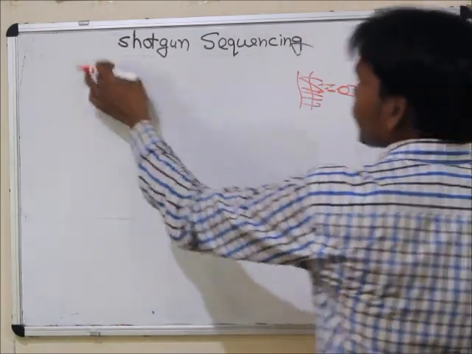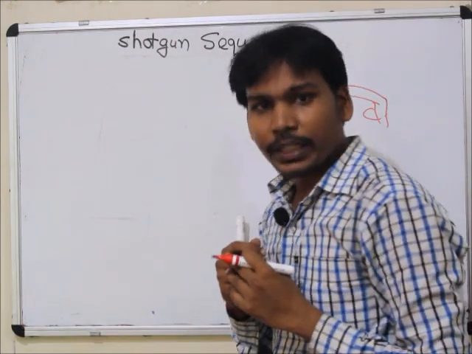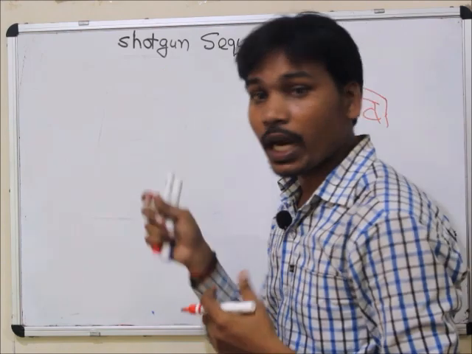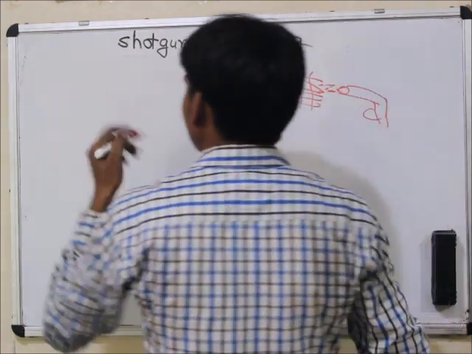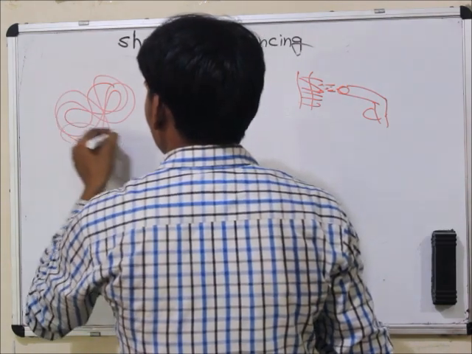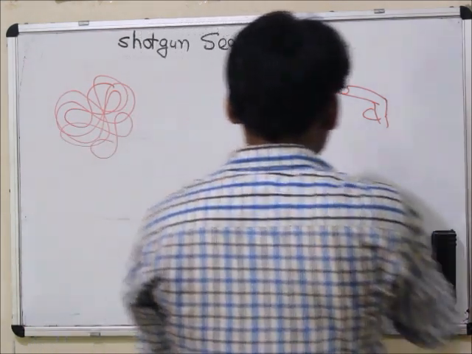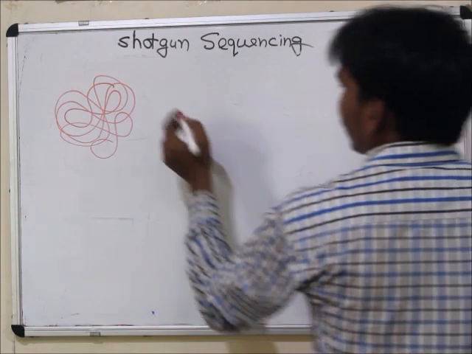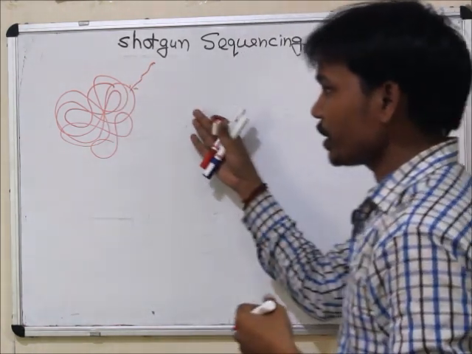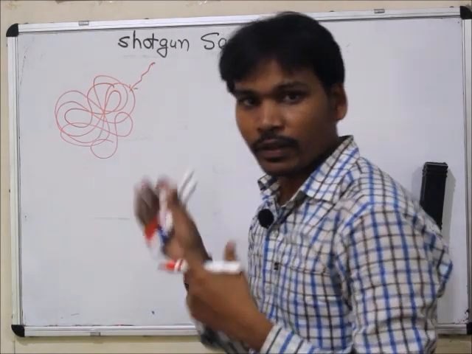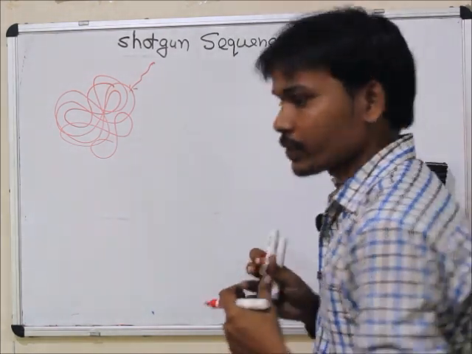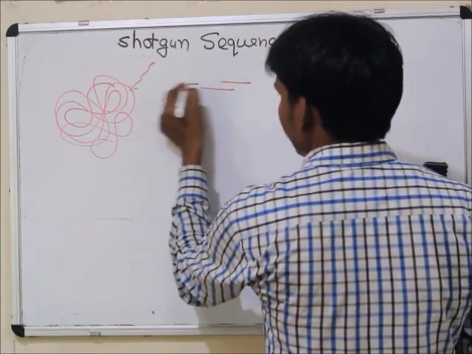Similarly, sonication or something like a gun will shoot the larger genomic DNA sequences. The genome is sheared with the help of sonication, ultrasonic waves, and gets many fragments.